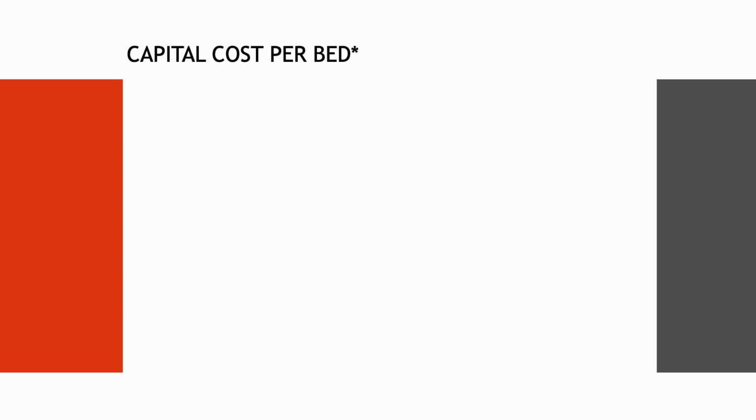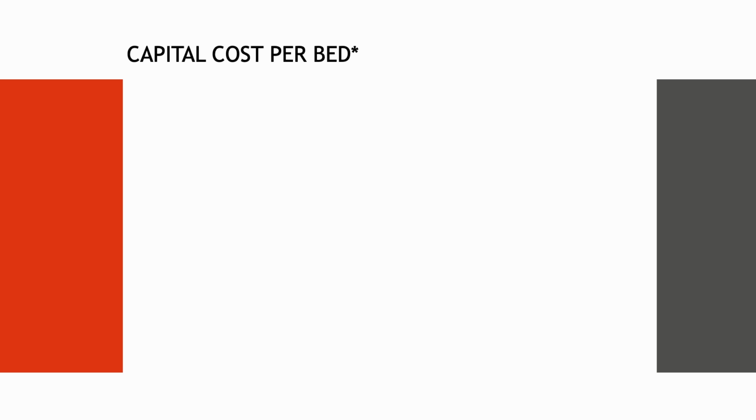The costs are also dependent on the location. Are you in a large city? Are you in a tier 2 city? Or are you in a much smaller city by the rural side? So the type of hospital in terms of complexity, primary, secondary, tertiary, and the location play probably the biggest role in determining the capital cost for a hospital.